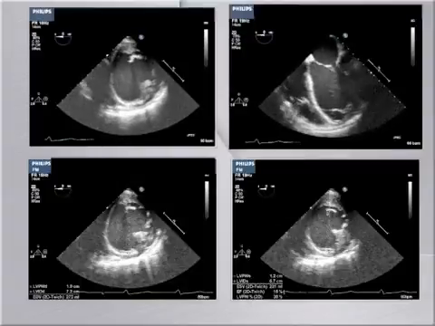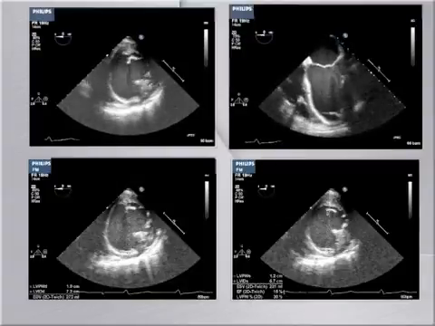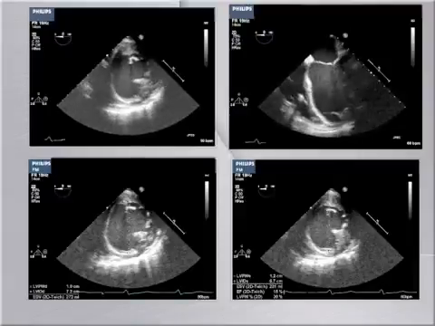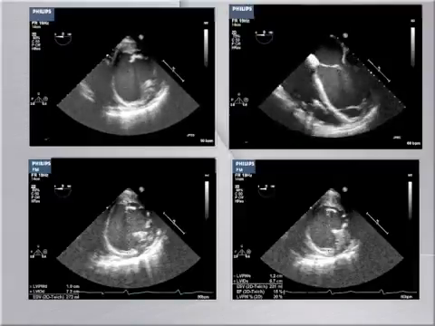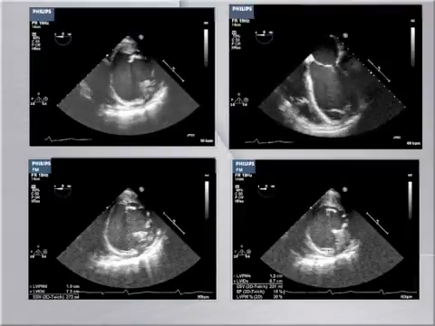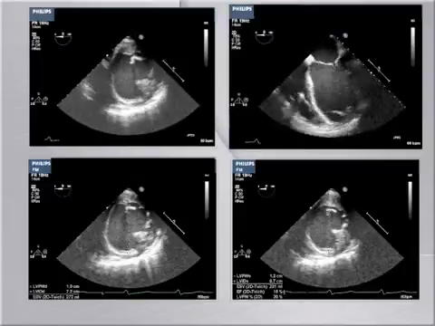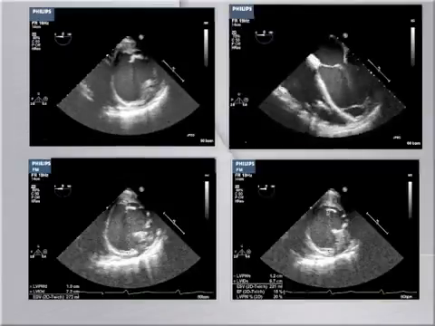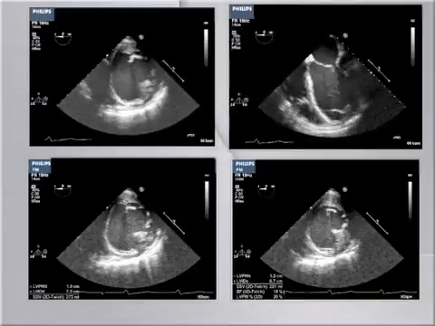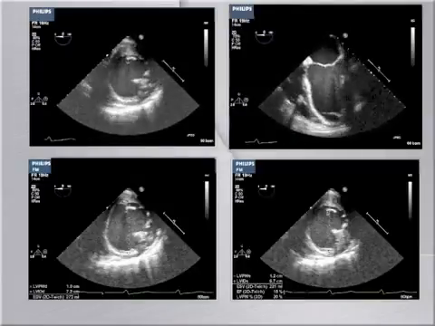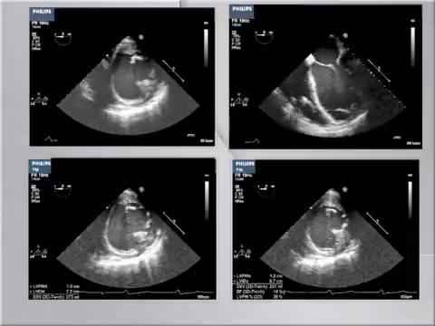Is this heart normal or abnormal? This heart appears globally dilated and hypocontractile, both in the transgastric image on the top left and the four-chamber image on the top right. Ejection fraction is around 15%.